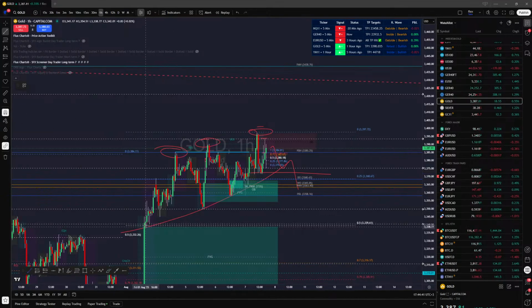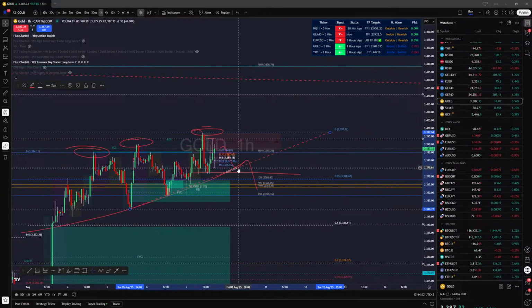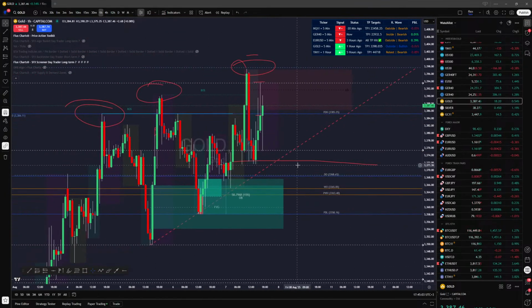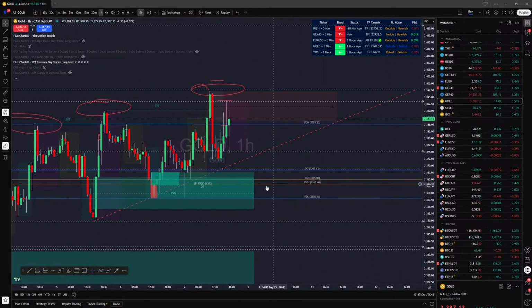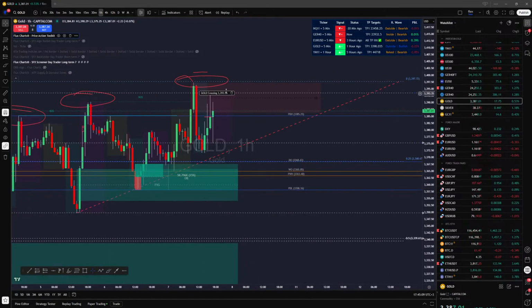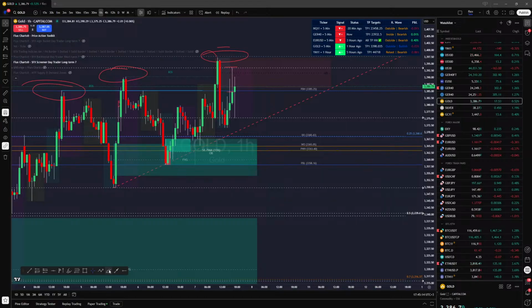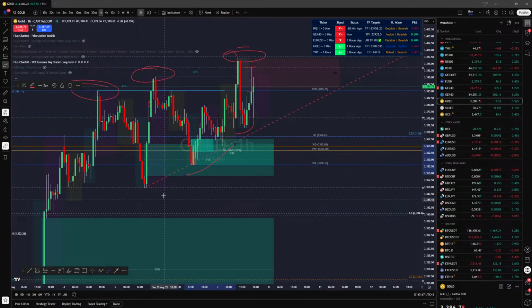Also, what can help us is a trend line. Not this one, from this low. Touch of this trend line will mean we're gonna have a downtrend, right? So we're breaking this trend line on lower time frames, and price will go down, but it will take all this liquidity, this one, this one, this one, something like this.